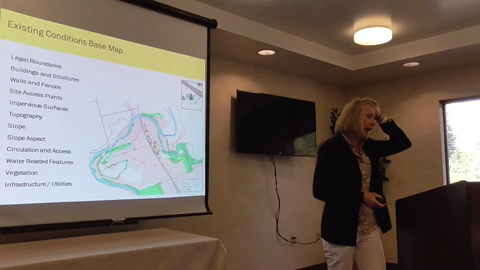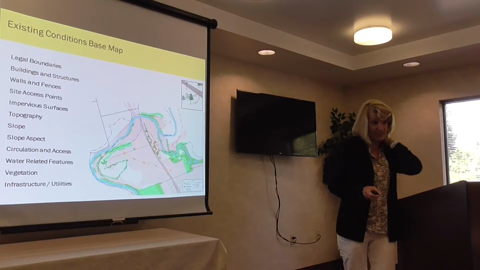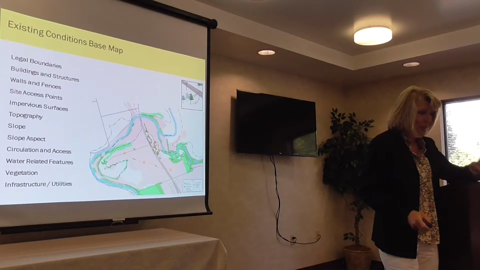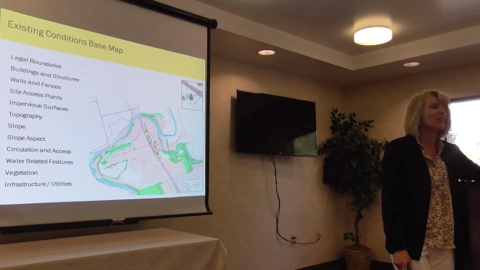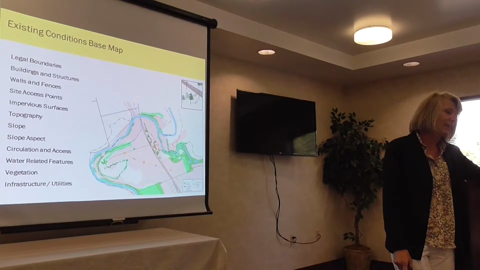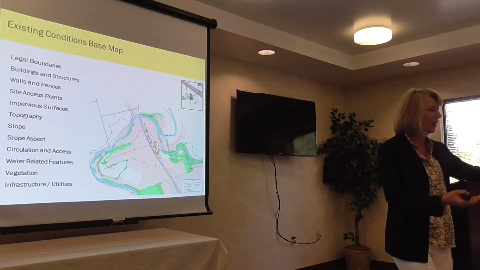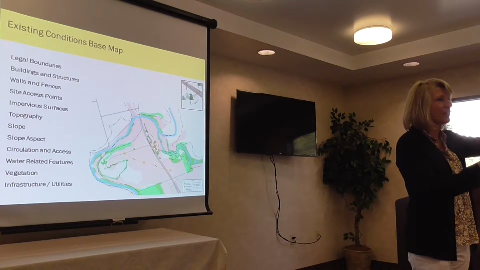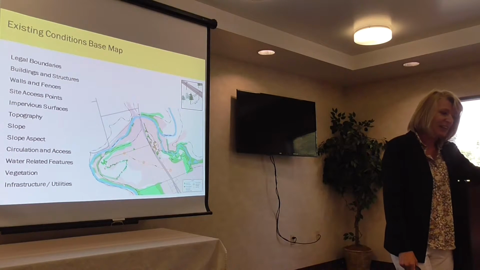Okay, so now just to go back and look at, all right, how do you pull all of this together? I guess I'm a little old school, but the whole existing conditions base map, putting it all on a base map is helpful. And going through the whole process, I think it was Ian McHarg who started looking at how we need to layer all of this information together and then read that, and what does it tell us about the site.